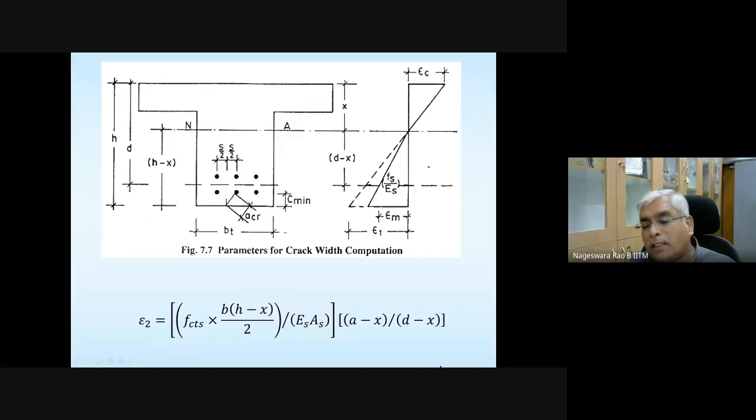Here, please note that in the code book they say small a is used. A is nothing but H minus X divided by D minus X. Because of tension stiffening of the concrete, whatever strain we calculate at the CG of the reinforcement, we are extrapolating or interpolating to the surface.